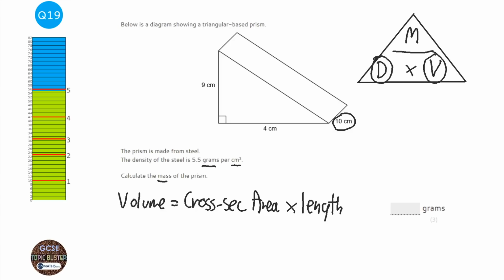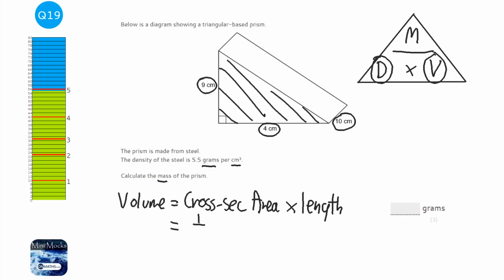So the length is this one here, and the cross-sectional area is the area of this triangle here. So it's the area of the triangle. We've got the base, which is 4, and the height, which is 9. So it's half times base times height, and then we're going to times it by the length, which is 10.